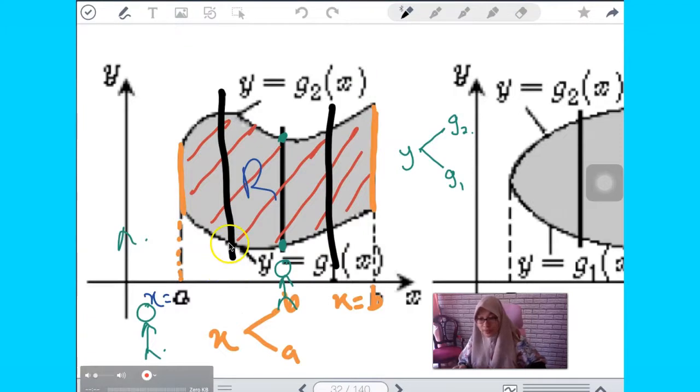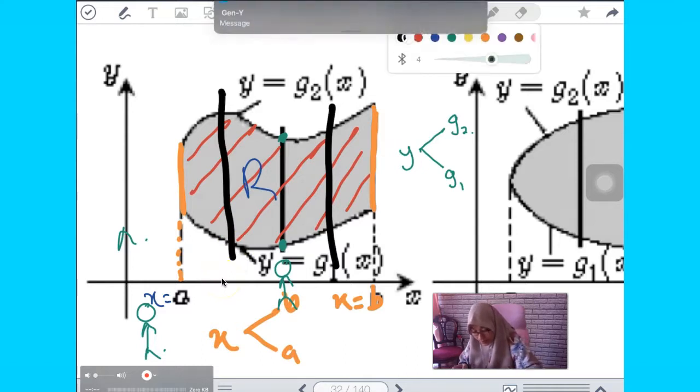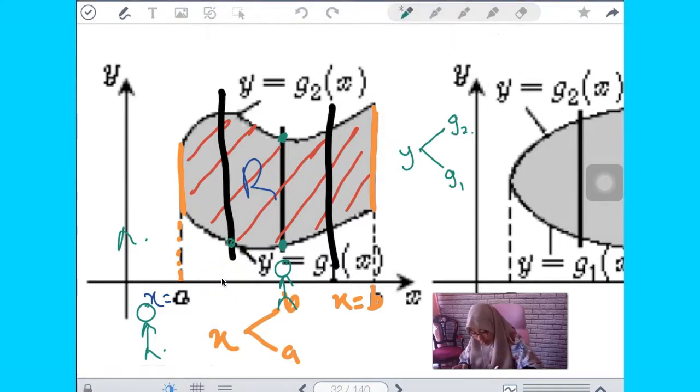By using this vertical line, you move along, walking, and you want to pass through this region. You move forward where y is increasing. What is the first point that you can see? The first point is this point, right? And this one belongs to g1, the lower bound, the smallest value of y along this line.